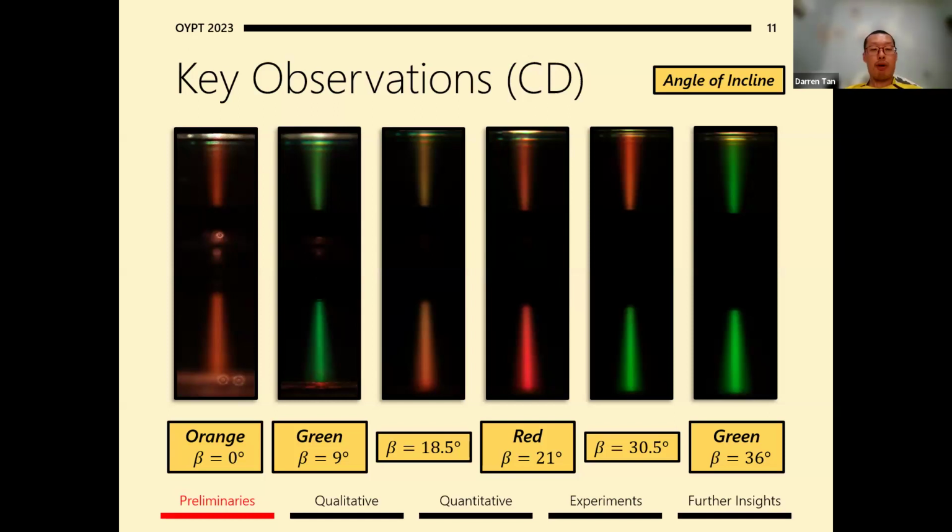And for the smaller angle, as you can see, if you look at this picture here, there are 6 pictures. From the left, the first one is orange on both sides. The second one is green on both sides. Then in the third one you start seeing the color is a little bit different, a bit more yellowish on the top, a bit more orangey on the bottom.